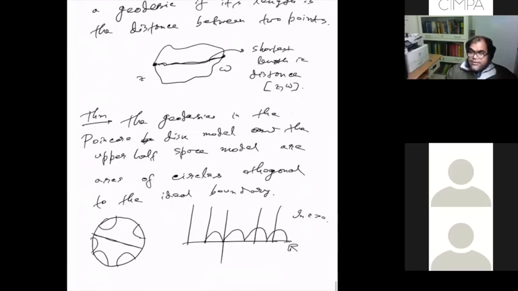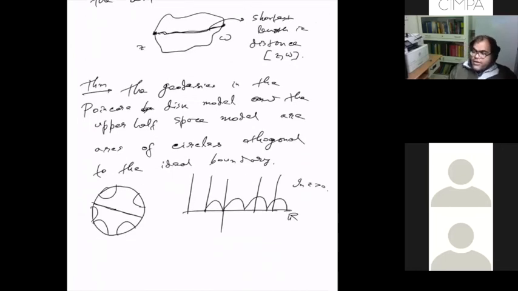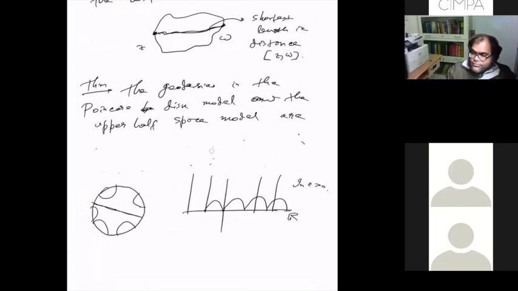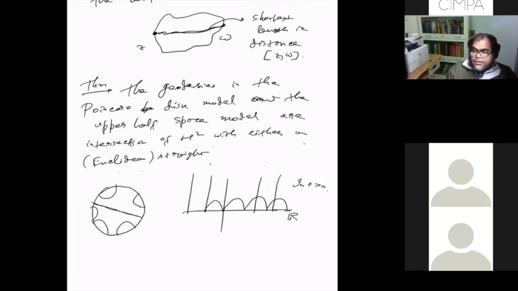So let me slightly refresh the statement. The geodesics in the Poincare disk model or the upper half space model are the intersection of H2 with either a Euclidean straight line in the usual sense, or a circle orthogonal to the boundary.